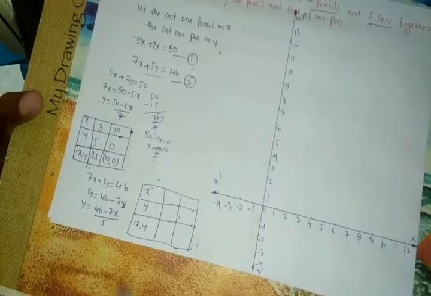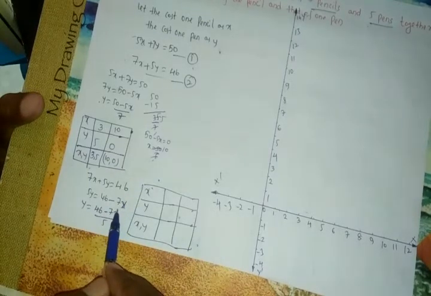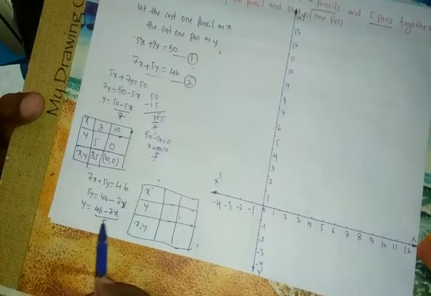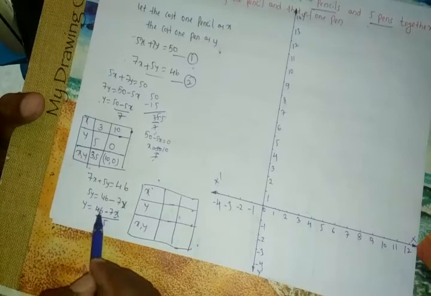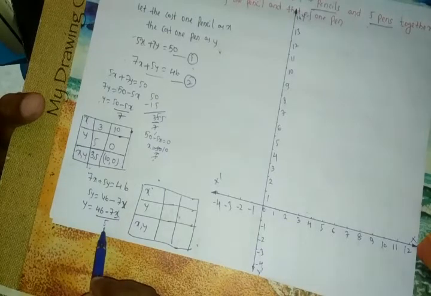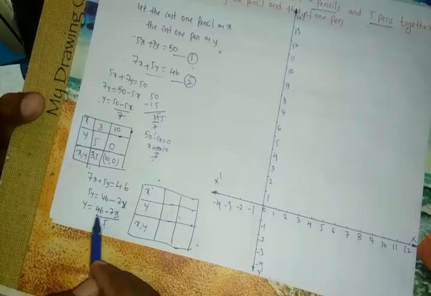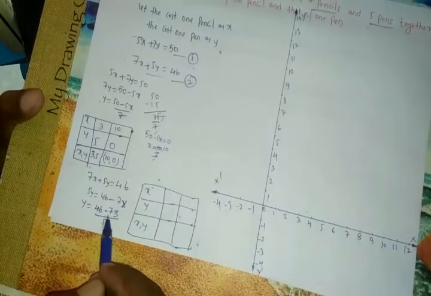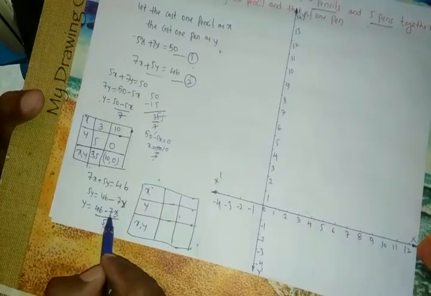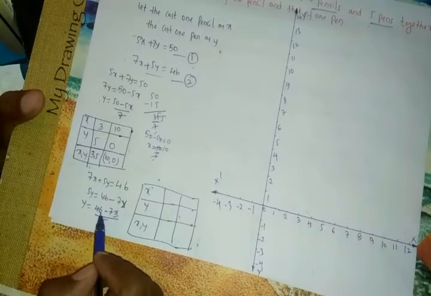So let me put the value of x as 0. When I put x as 0, this will be 46 by 5. It is divisible, but you will get the answer in decimals. So I should get a multiple of 5.